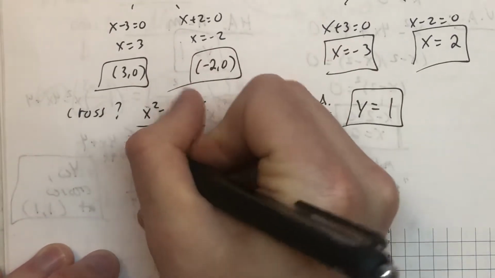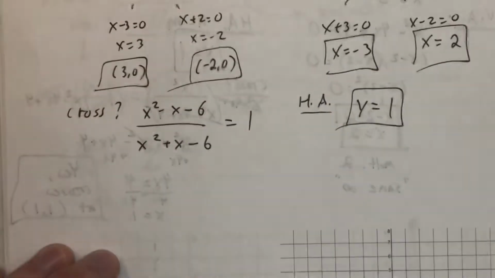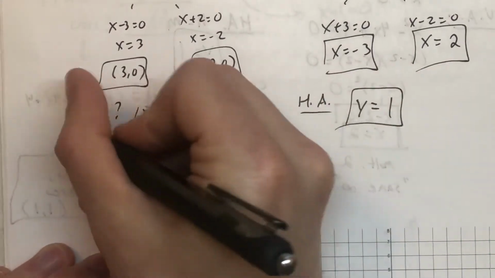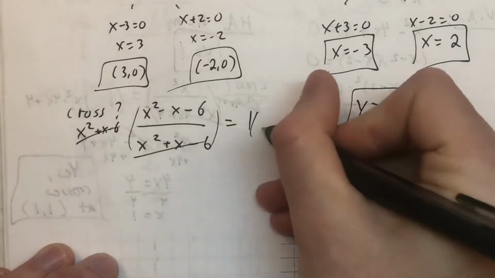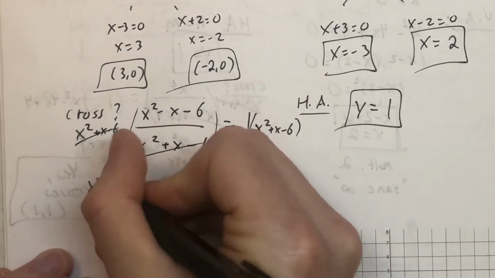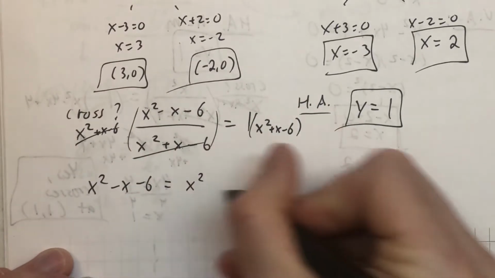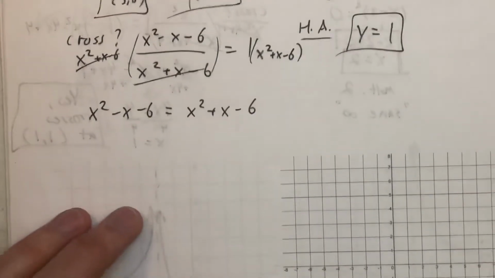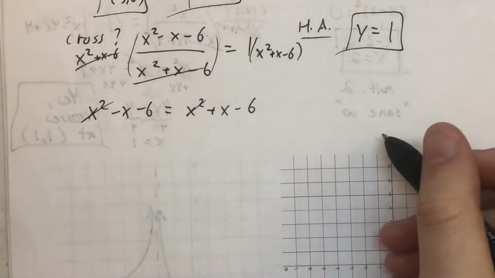So, crossing the horizontal asymptote, setting up our equation. Asking, can that equal 1? And so multiply both sides by the denominator, leaving us with x squared minus x minus 6 equals x squared plus x minus 6. The x squareds, when you go to move them, are going to cancel.